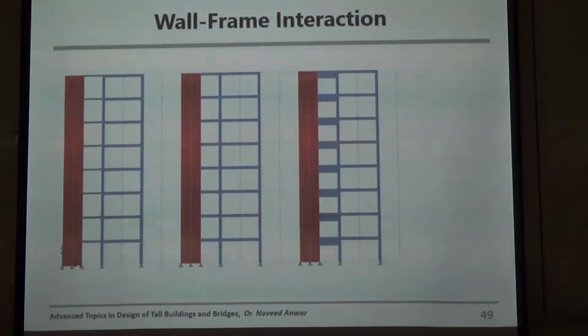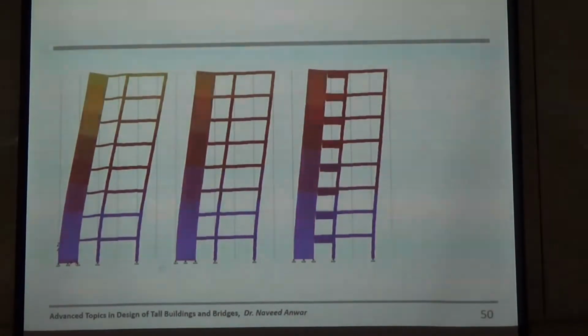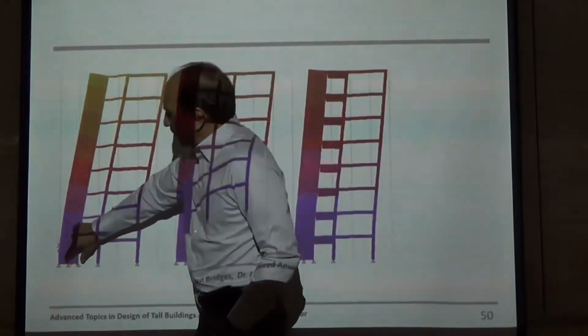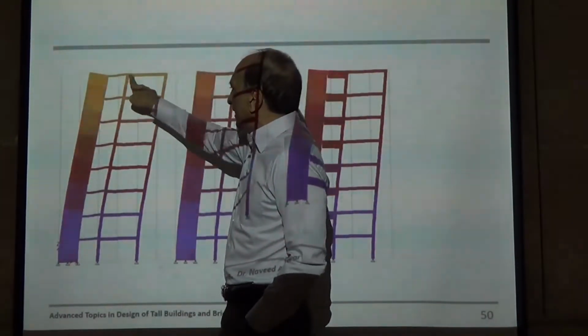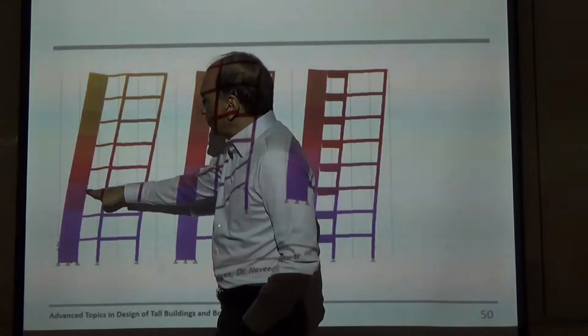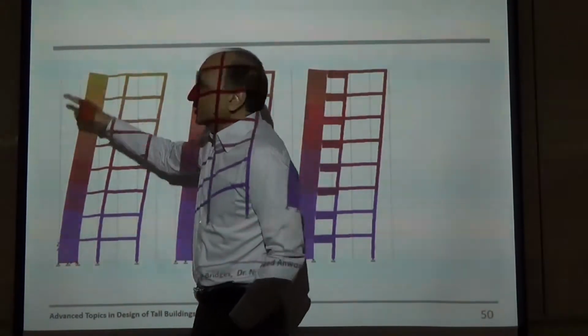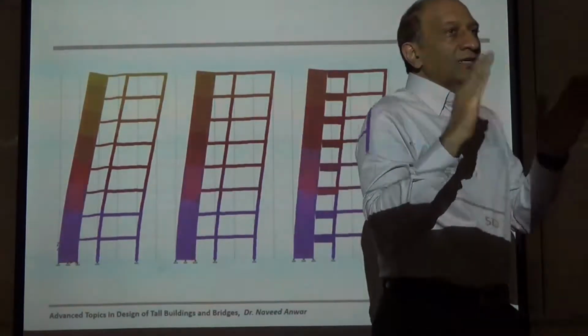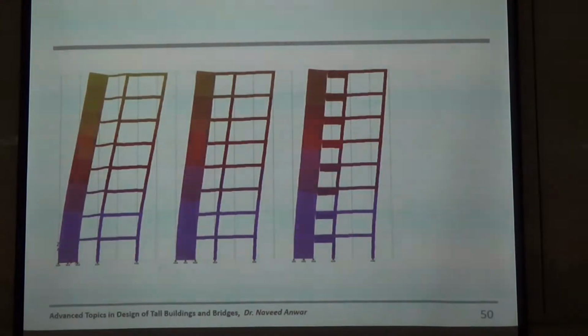So let's see how they behave. Here you can see that when this wall is bending, it is almost bending like a cantilever, and the frame is bending, and these beams are bending in between. So there's a large deflection here and not much interaction between the two. In fact, this frame and this wall are side by side, going together.